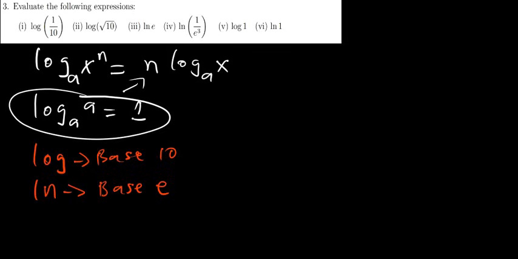Let us look at the last one, which is natural log of 1 over e to the power 3. It's basically the same principle. So it will be ln of e to the power negative 3. We want to make the base and what is inside the same. Remember, there is an invisible e, that is the base.